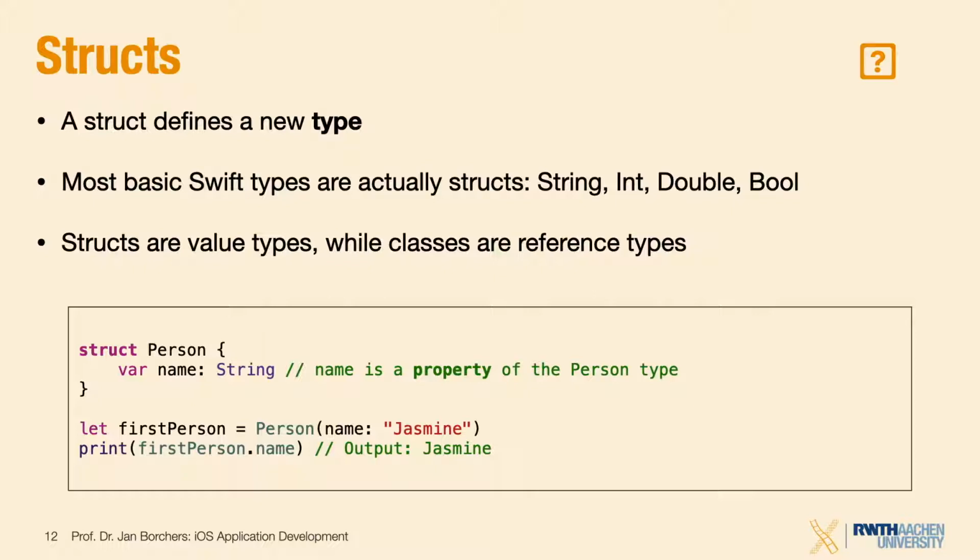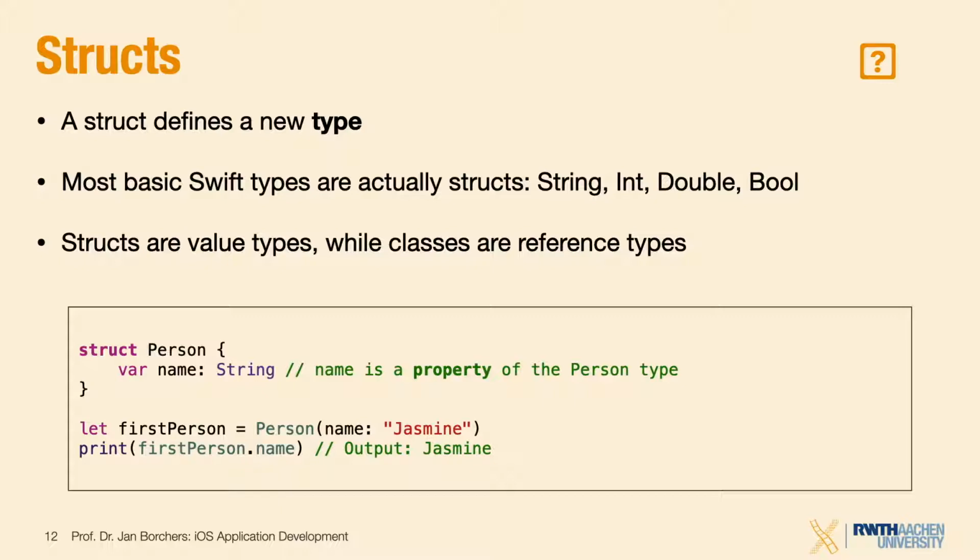If you then want to create an actual instance of that struct, so if you actually want to create a value of that new data type that we've just defined, Person, then you need to call an initializer. We'll talk more about initializers in a second. Here we've got a variable named firstPerson.